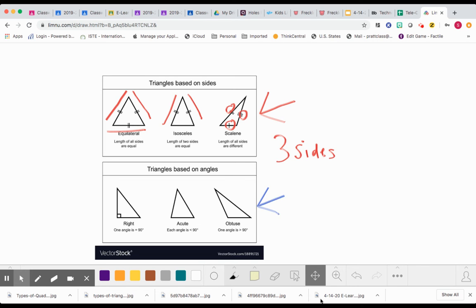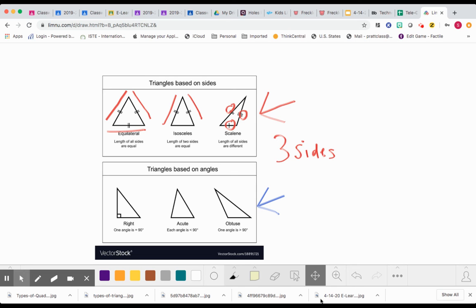An angle is where 2 lines meet, and this area would be the angle. The first one is a right angle. A right angle means that when the 2 sides meet, the angle is going to be able to form a square.